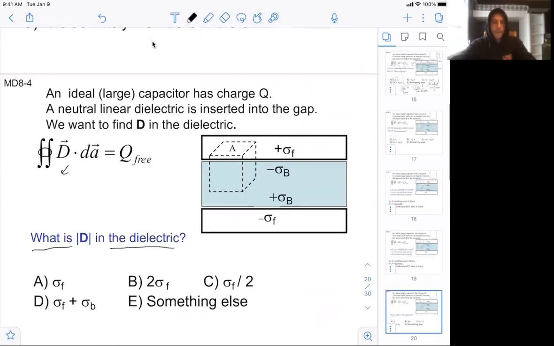We have calculated this to be D in the metal times A, which is 0, plus D in the dielectric times A, equal to Q free. From this, you can see that we can calculate our dielectric D. The D field is sigma F.